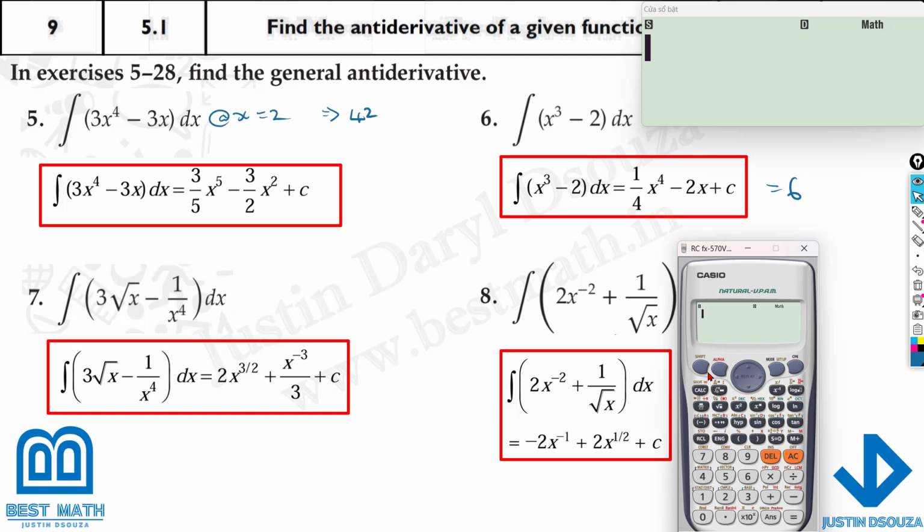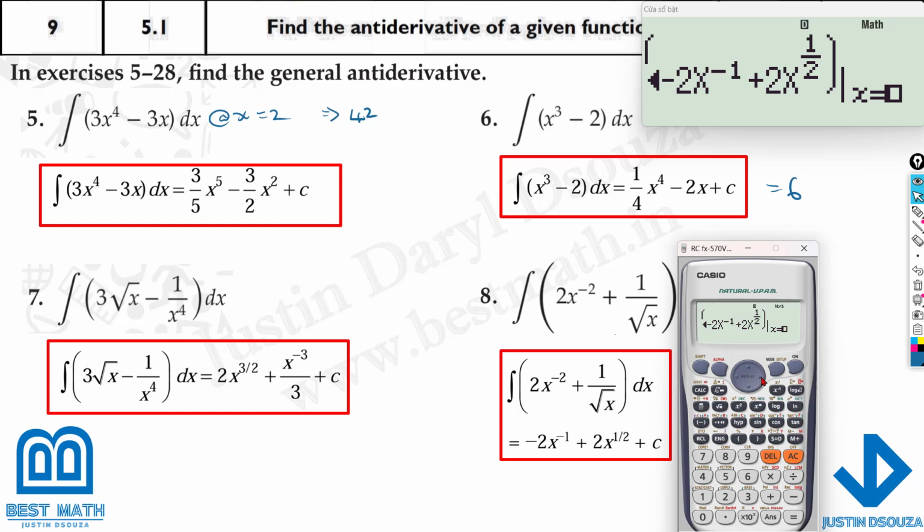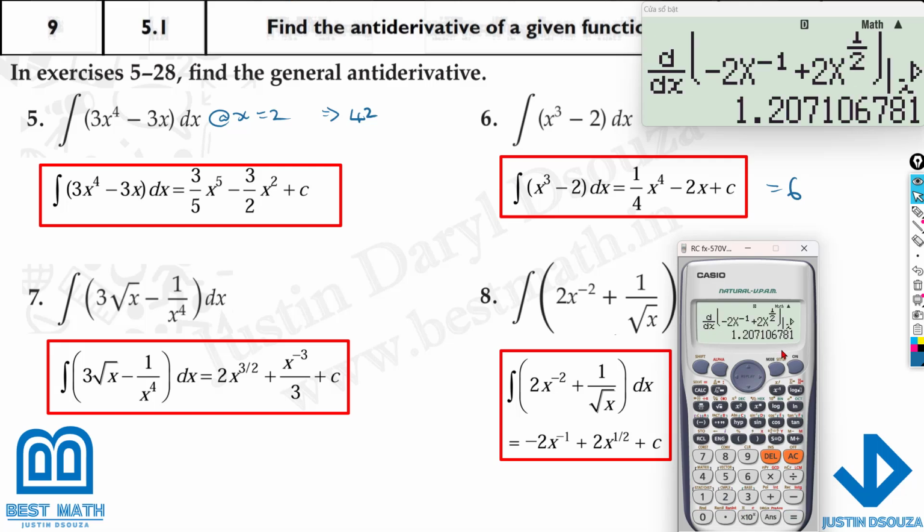Let me derive this: minus 2 x raised to minus 1 plus x raised to half, that is 1 by 2, or 0.5 is also fine. You do not need to write anything for c, and you can see here this one is 1.207.